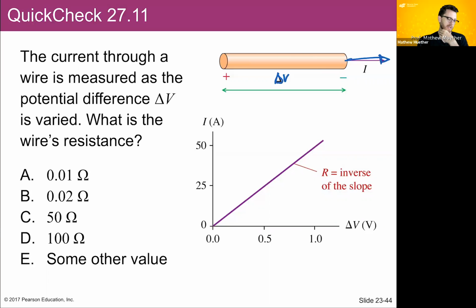This says, can we determine what the resistance of the wire is? What is R? So let's have you guys calculate R here. They're showing you in a graph what the response current is as the potential difference changes.